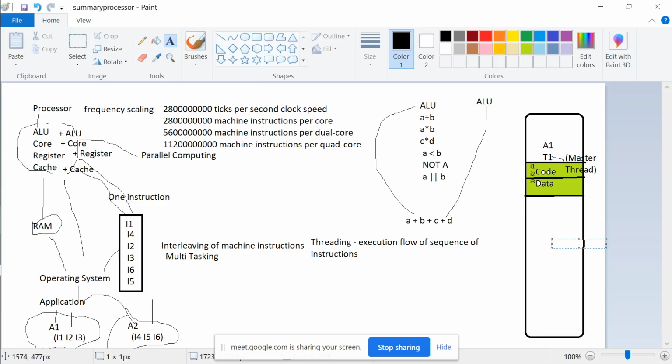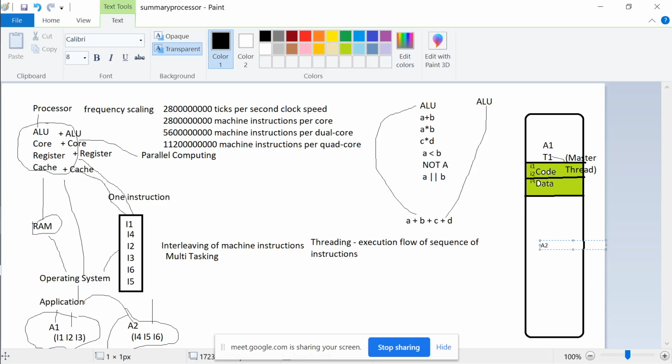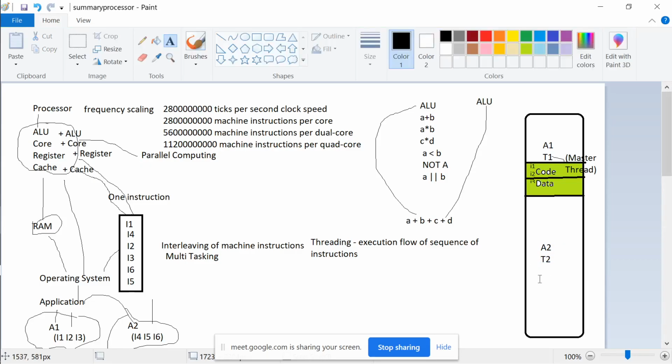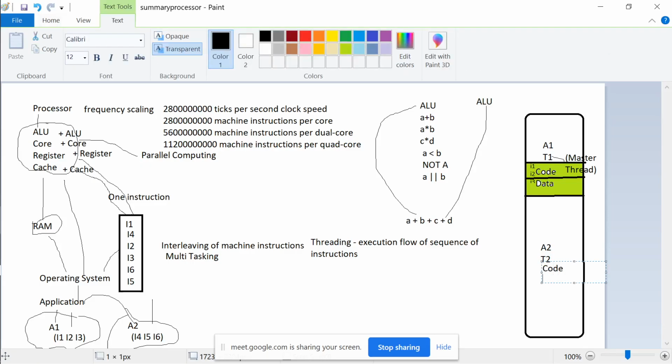And in the same way, there is going to be another thread in the same memory. A2 is going to be here. I need to increase the font again. So A2 application is going to create thread 2, and that application will also have its own code section and data section.